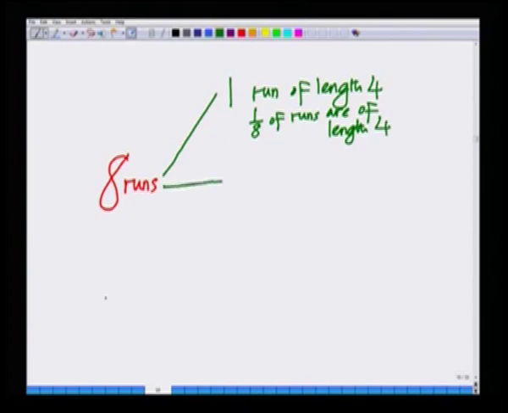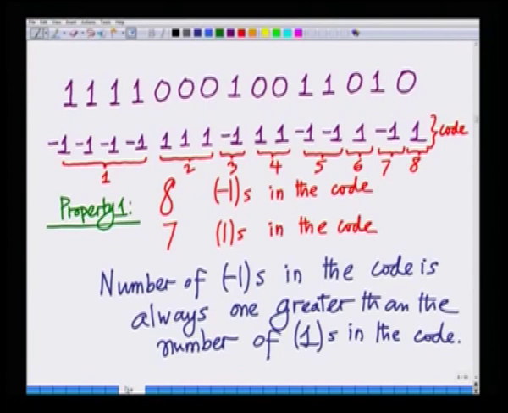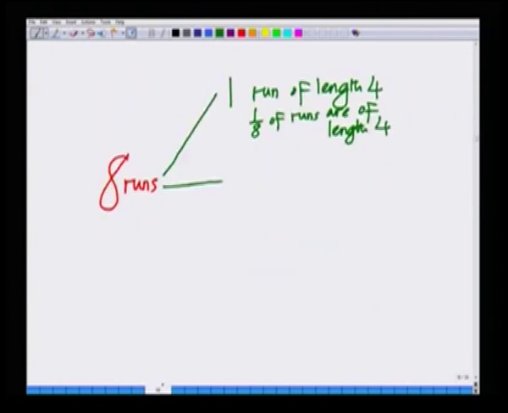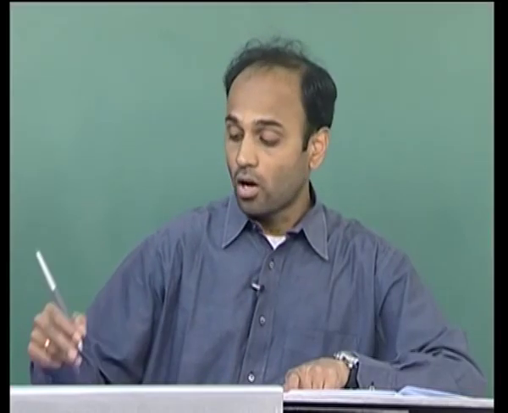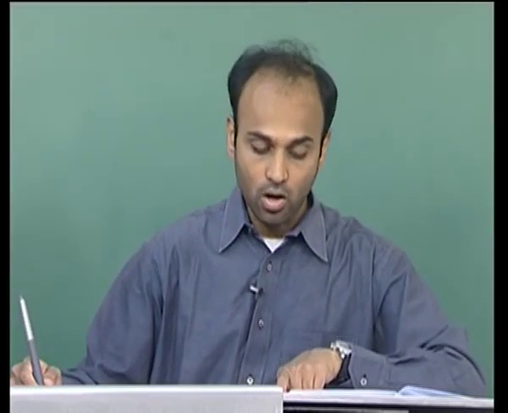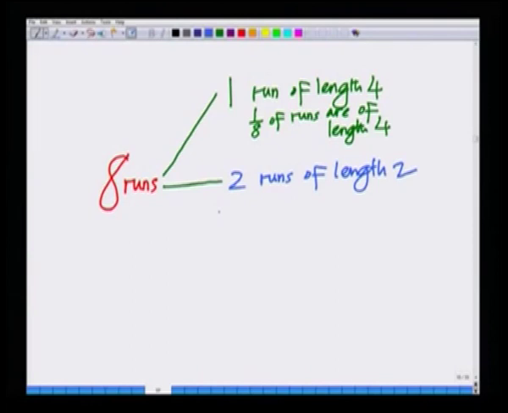Out of these 8 runs, 2 are of length 2. Look at this, there is one run of 1s of length 2, and one run again of length 2, which comprises 2 minus 1s. So, there are 2 runs of length 2, which means out of the 8 runs, 2 runs are of length 2, which means 1/4 of all runs are of length 2.